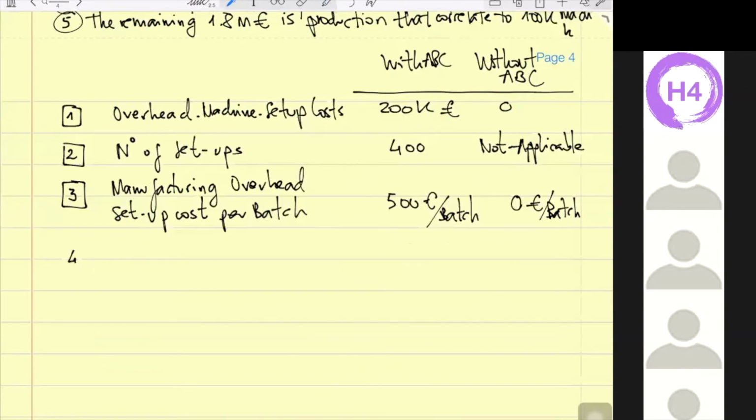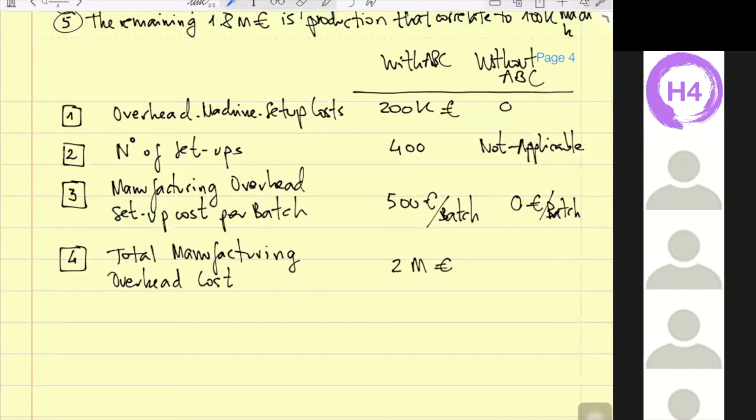Four, total manufacturing overhead cost, 2 million euro. Here we know 2 million euro.